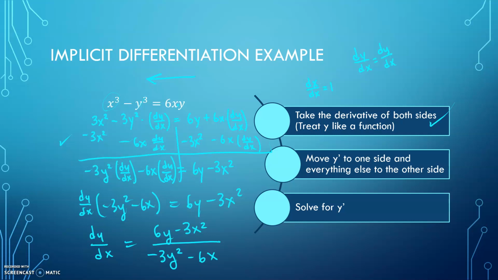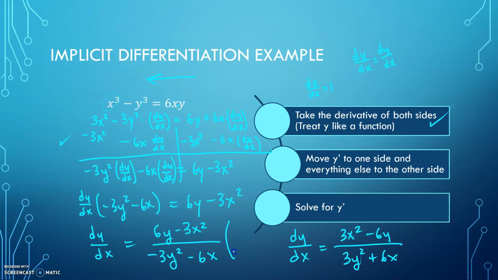If you had made the decision to move all of your dy/dx's over to the right side of the equal sign, you would have the same answer as I would, but it wouldn't look the same. Your answer would look like 3x squared minus 6y over 3y squared plus 6x, because all of your signs would be different.